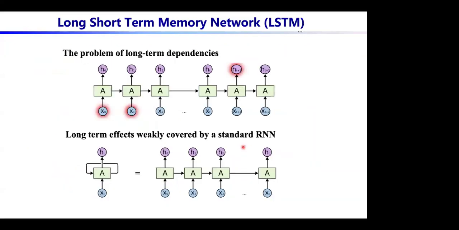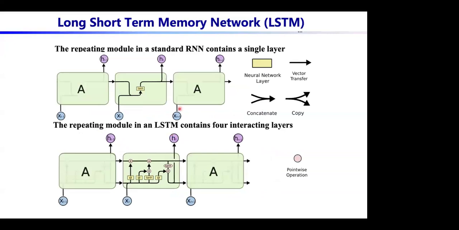So how do we deal with this kind of situation? Obviously, this simple joining of the historical and the current information, this type of architecture, is no longer the choice. So that's why we need to introduce a more complex network architecture.